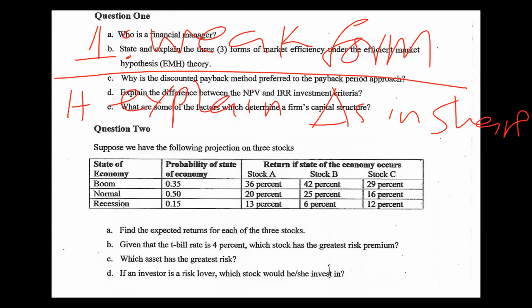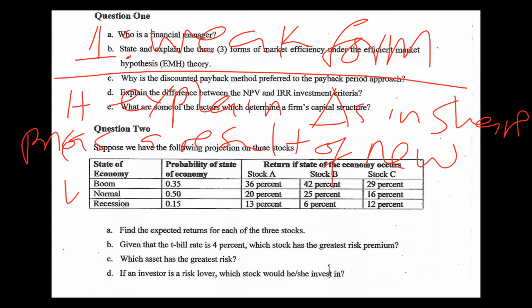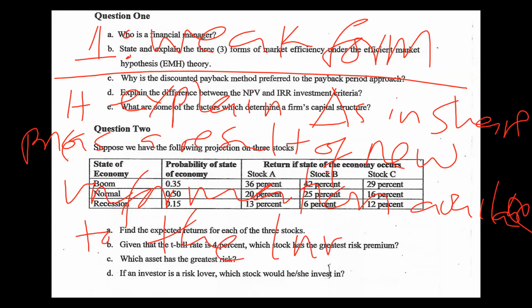Information that has been made available to whom? To investors. So that is the weak form. That is what it does, okay?